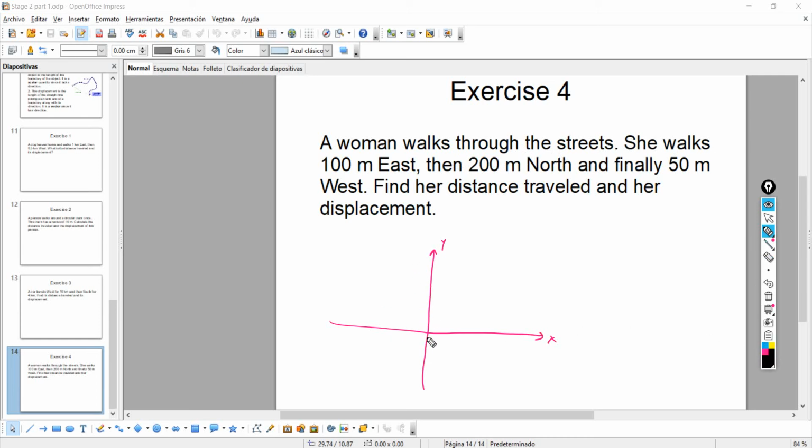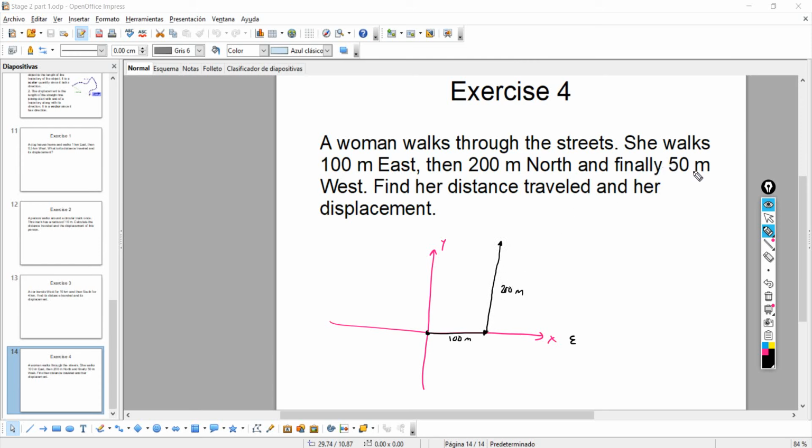So this is my frame of reference. This is the woman, or the particle I'm talking about. Now I'm gonna move the woman 100 meters east. Remember, this is the east, so I'm gonna move her 100 meters, represented by this arrow. Then 200 meters north. It's gotta be a little longer.